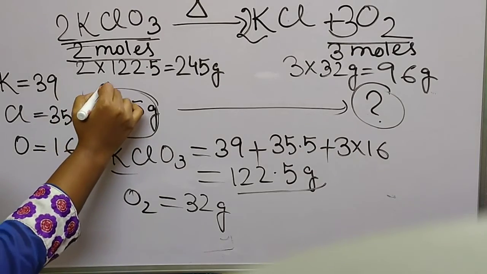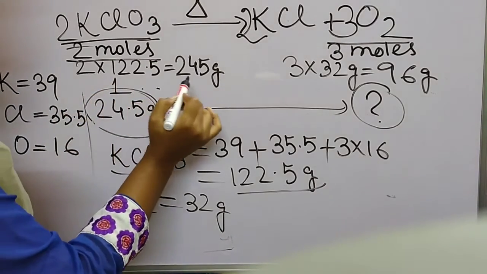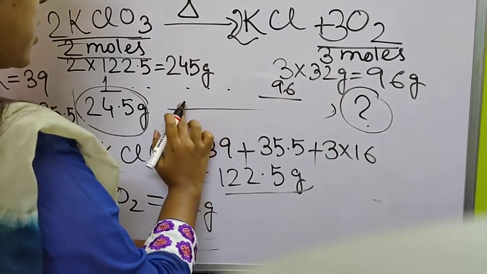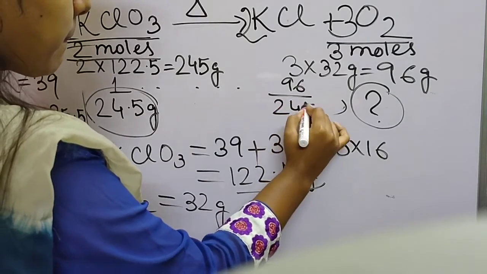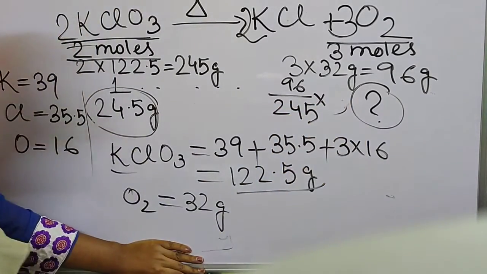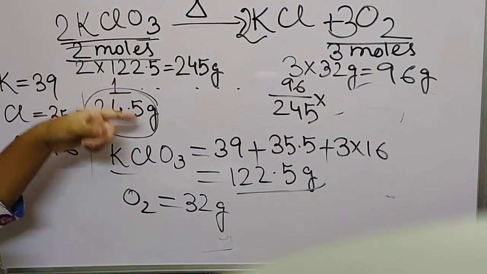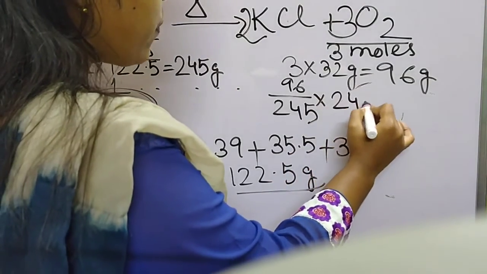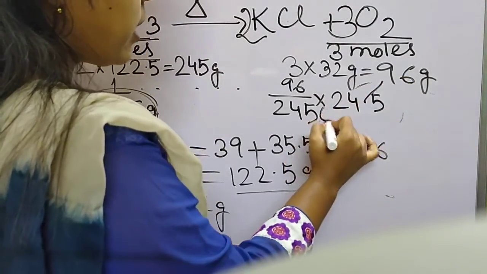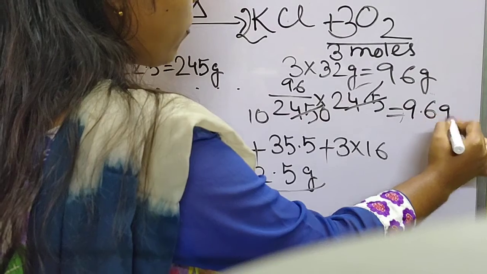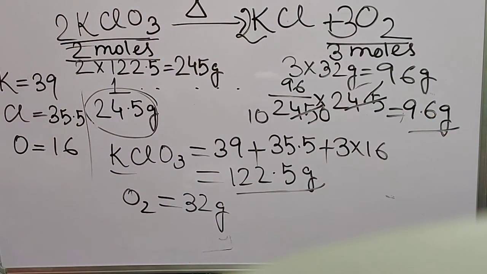So just like the unitary method, when 1 gram of KClO3 reacts, it will make 96 by 245, and in the last line, when 24.5 gram of KClO3 reacts, it will make 96 by 10, because the decimal point comes here. So 96 by 10 means 9.6 gram. So the answer is 9.6 gram of oxygen will be produced by this reaction.